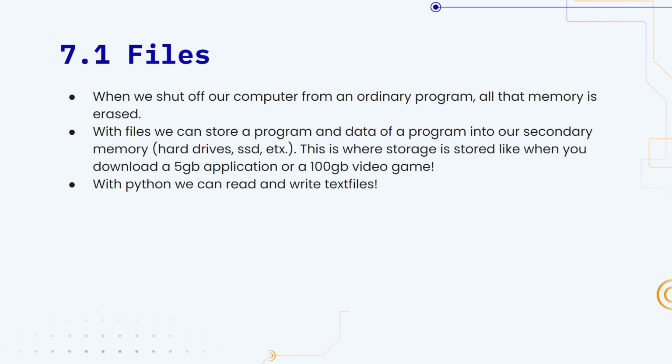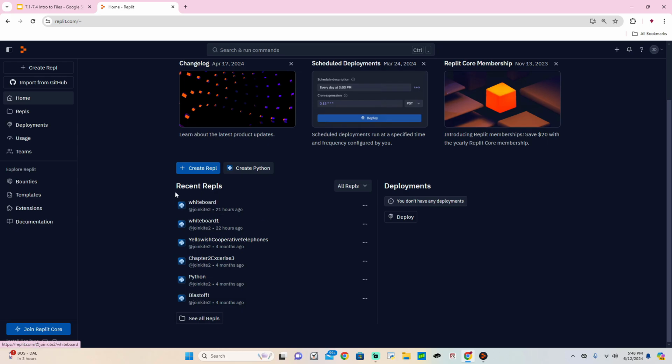As an example, we store our Python code itself here on Replit. These are stored as secondary memory on the Replit cloud, where we can access it. It's not exactly stored in our computers, but on the Replit cloud itself.